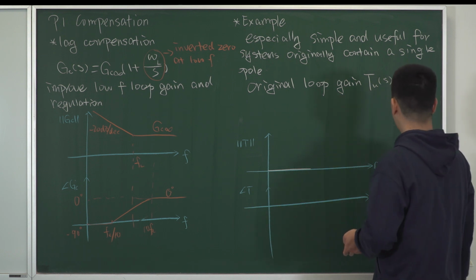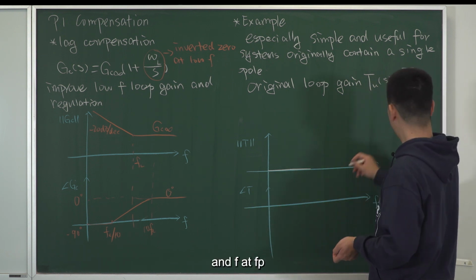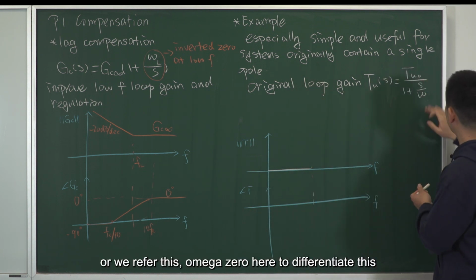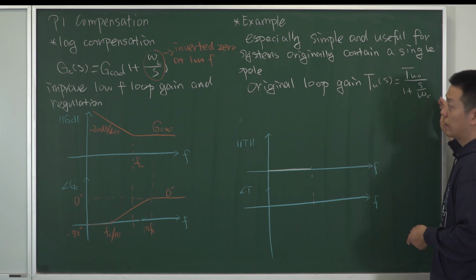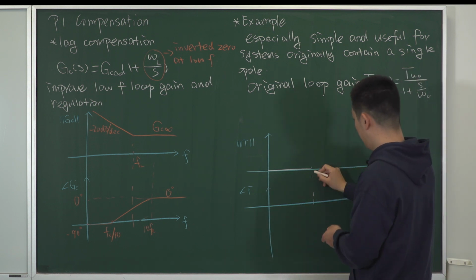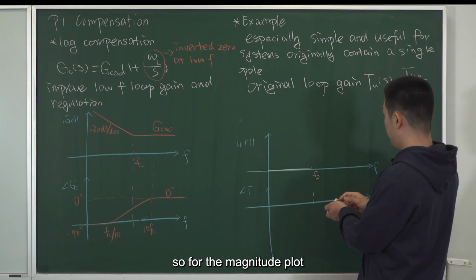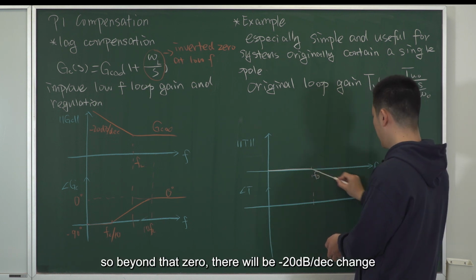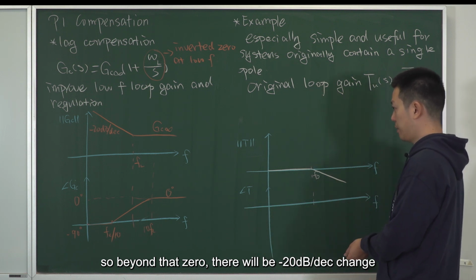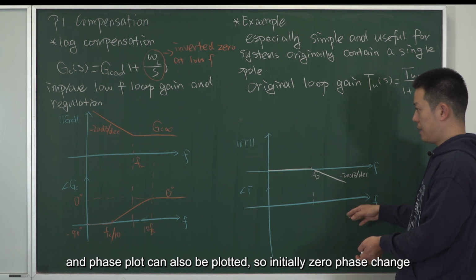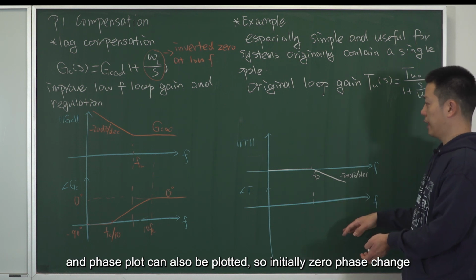At omega P, which we refer to as F0 here to differentiate it from the PI compensator, beyond F0 there will be a minus 20 dB per decade change in the magnitude plot. The phase plot can also be plotted.